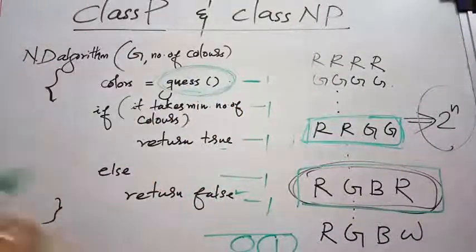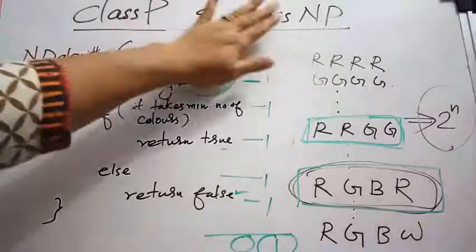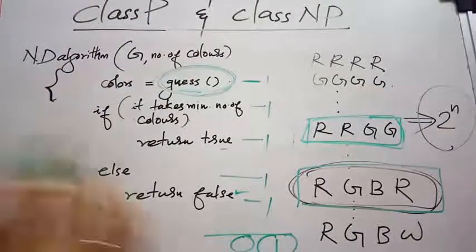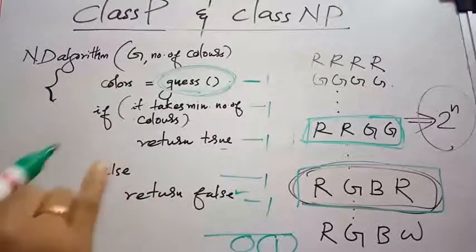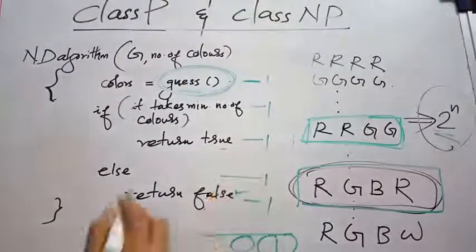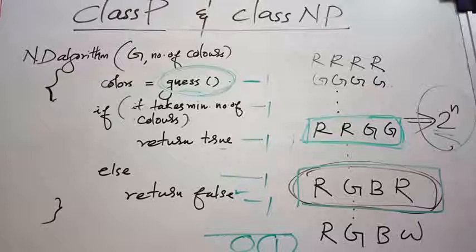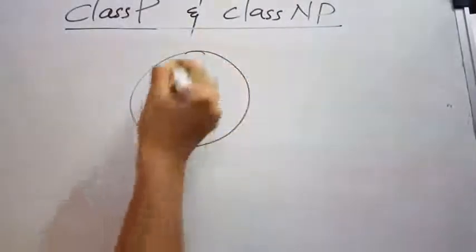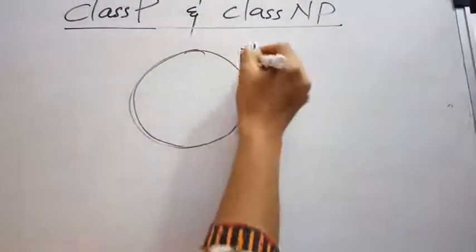This is the situation for non-deterministic algorithms, or for class NP problems. In class NP problems, we know that the problems are solved in exponential time, but they can be verified in polynomial time.